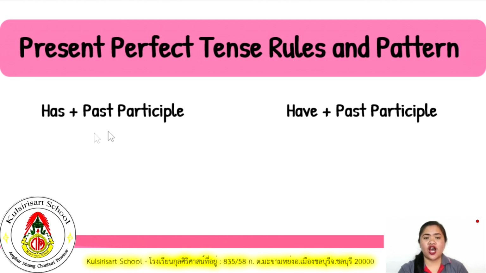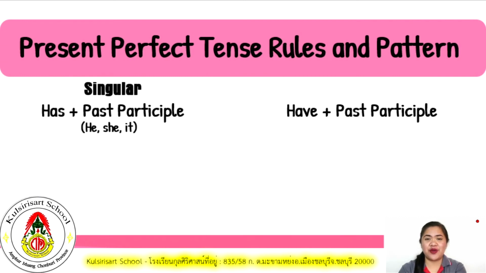Okay, when we talk about has plus past participle, it is only used when the subject is singular, which includes the pronoun he, she, or it. If these words are your subjects, you are going to use has plus past participle of the verb.